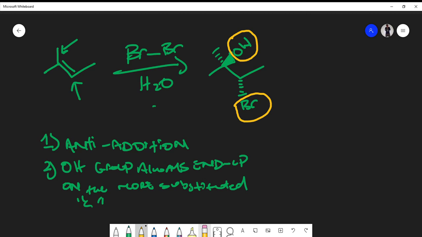This carbon all the way down here is more substituted because it has no hydrogens, compared to the carbon on the right, which has one hydrogen. The fewer hydrogens a carbon has, the more substituted it is. So again, the two rules are anti-addition, and the OH group ends up on the more substituted carbon.